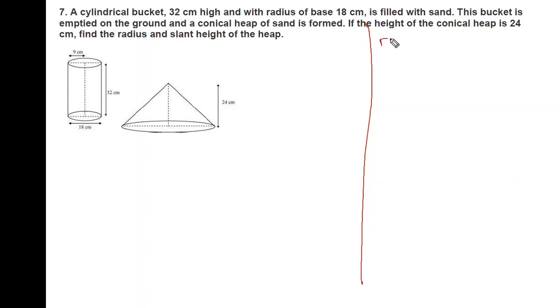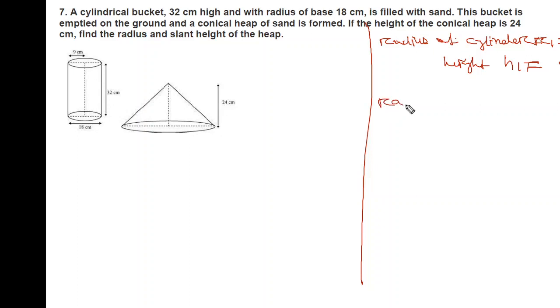Given is radius of cylinder, r1, equal to 18. Height h1 is equal to given 32 cm. This is also cm. Then you have a cone.